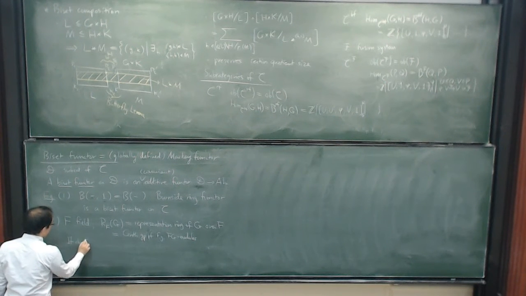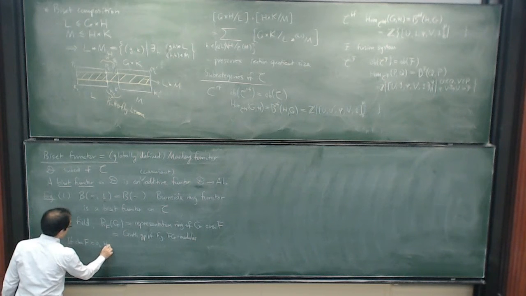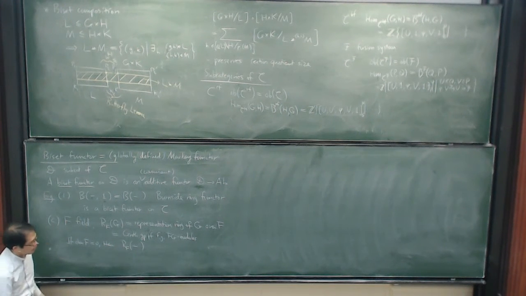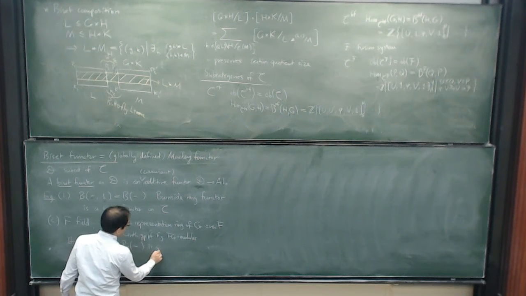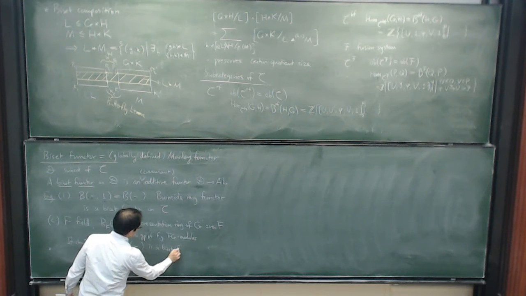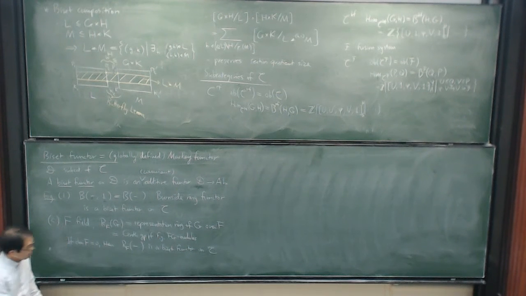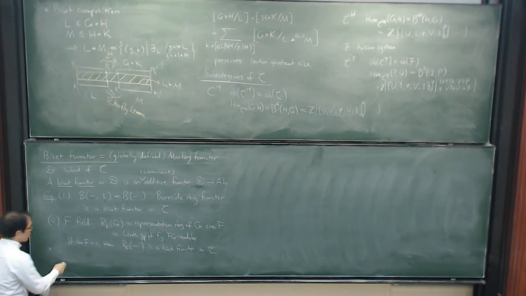If the characteristic of F is 0, then taking the representation ring gives a biset functor defined on the entire biset category. So you have all standard functors that you like: induction, restriction, inflation, deflation, everything.